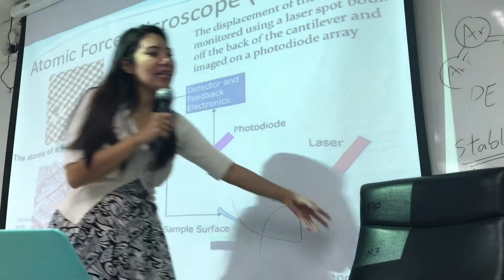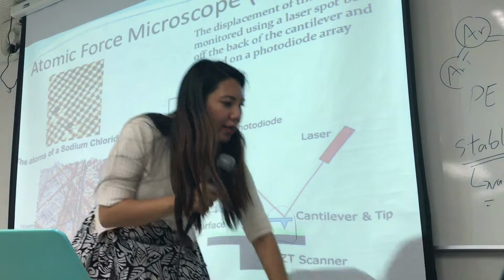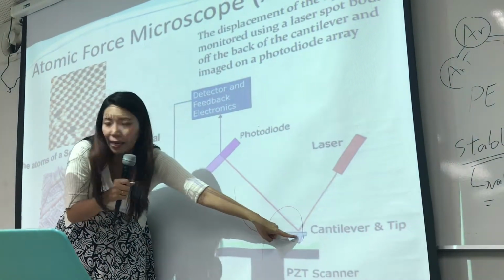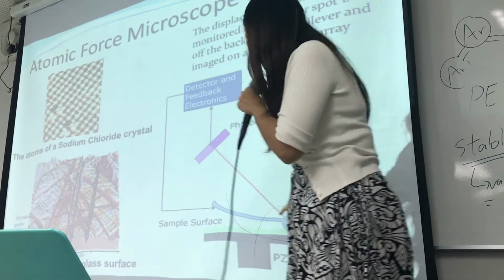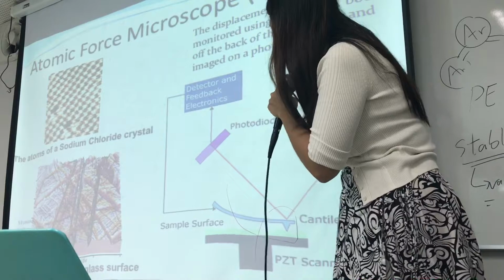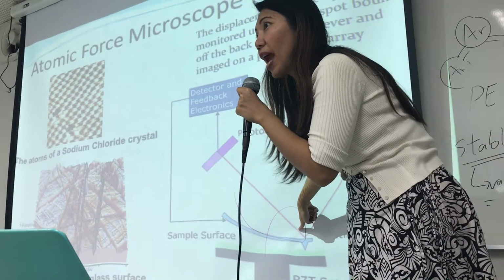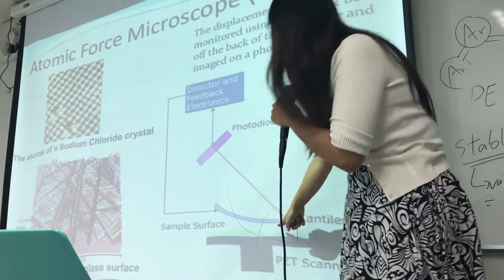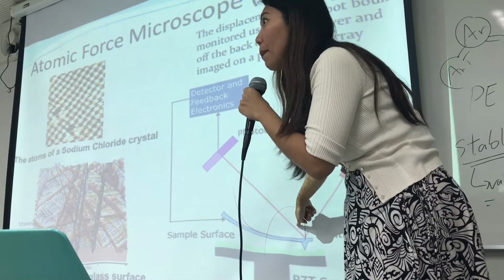And the way that they do it is this. This is your sample, and this is the tip of the probe. Then you have the laser and put it right here. If the sample is bumping up, this tip bumps up.